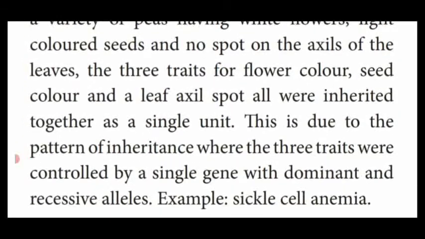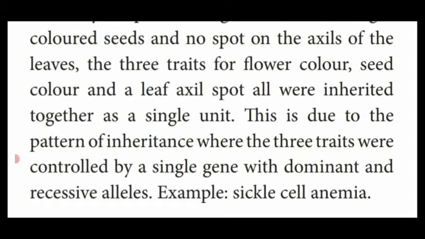So these are the three traits: flower color, seed color and leaf axil spot. These multiple characters or traits are controlled by a single unit, that is a single gene.